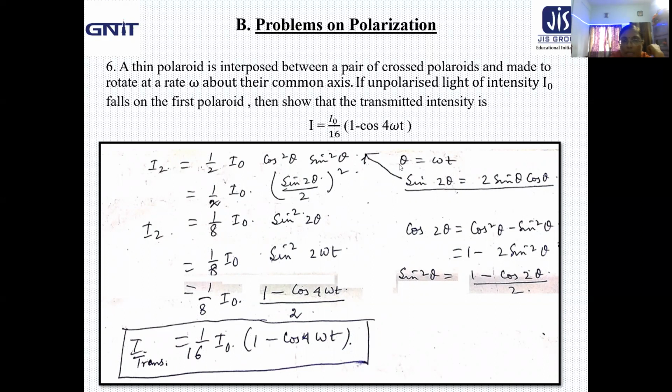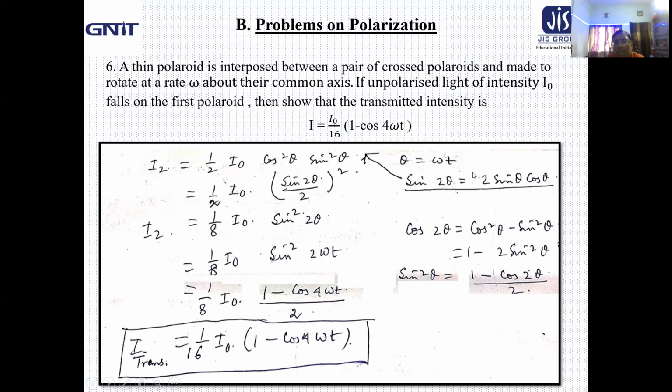Now here in this question, theta equal to omega t, because omega is the rate of rotation. So theta equals omega into t at time t. The way it has been given, we have to change our form of this equation. Half I0, now sine square theta cos square theta, that means sine 2 theta by 2 whole square.